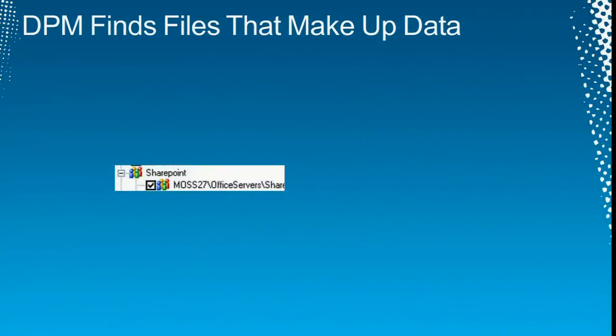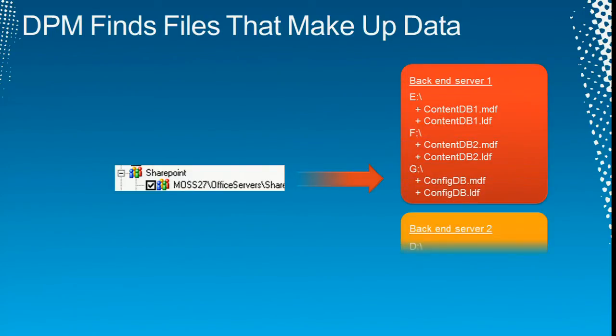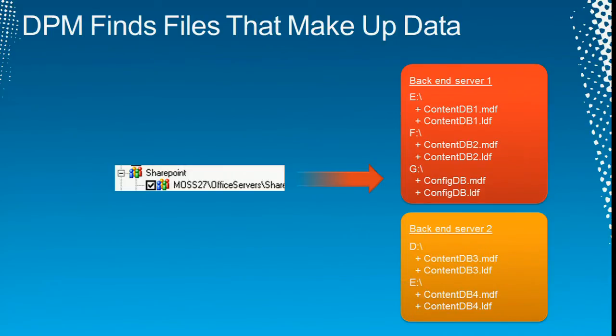Okay. So as we have seen, I just selected the SharePoint during the demo. And then it's up to DPM to actually find all the files that make up the farm, whatever you called your farm. But it will be DPM that will figure out what is behind the scenes. So it figures that out, and in this case, I have 2 servers running a total of 5 content databases.